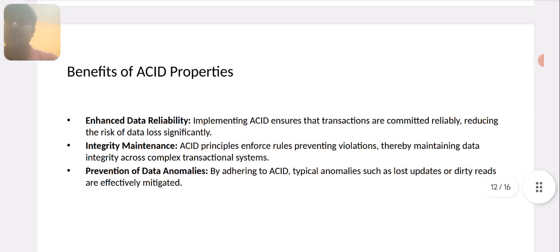The benefits of ACID properties: enhanced data reliability. Implementing ACID ensures that transactions are committed reliably, reducing the risk of data loss significantly. Next is integrity maintenance.